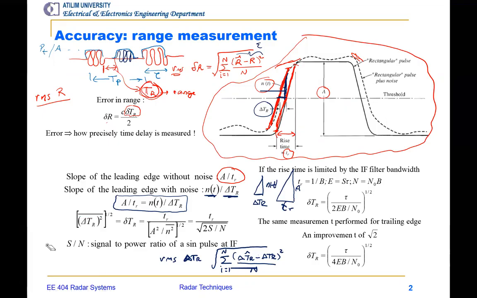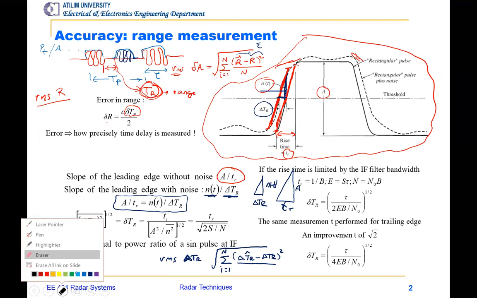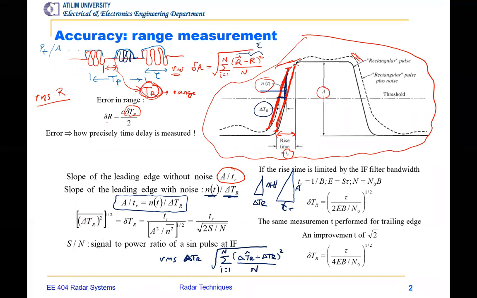Okay? So this can be written as delta TR squared, its average, so this is an averaging operation, and then its square root, 1 over 2. So this corresponds to the RMS value of the time error, RMS TR.